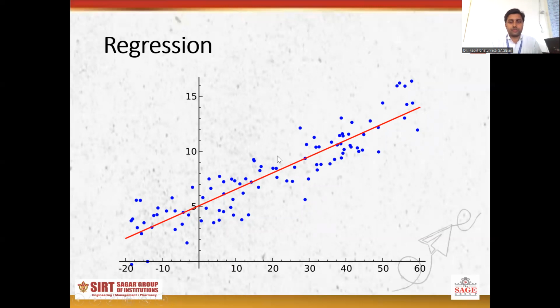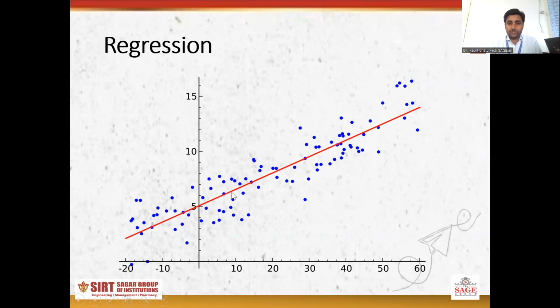Regression is another class of data mining, in which we try to understand how near objects are to our criteria. Let's suppose this line is our criteria and we see that some of the points are near to it. So we can say that these are very near to our given criteria. Regression tries to find out how near things and activities are to our criteria, or how related they are.